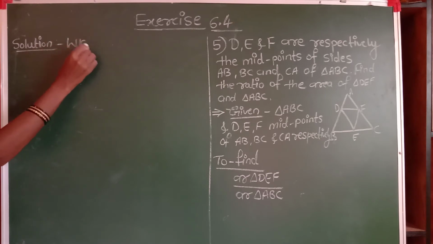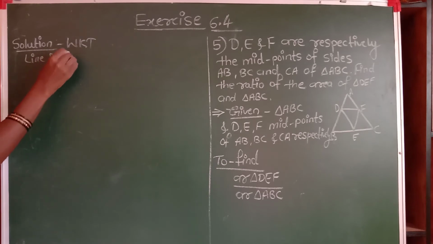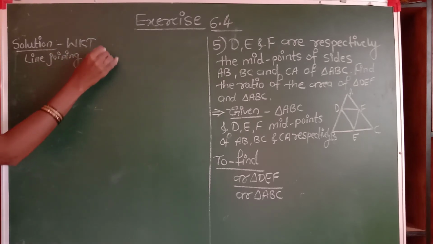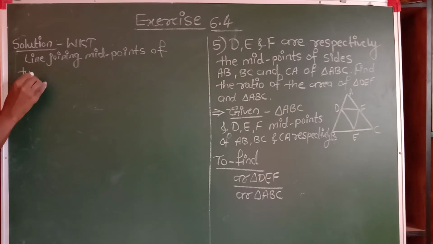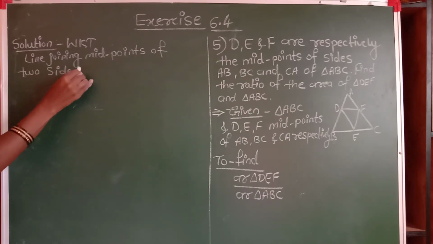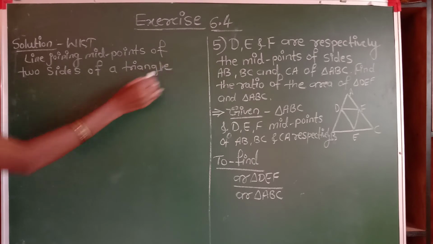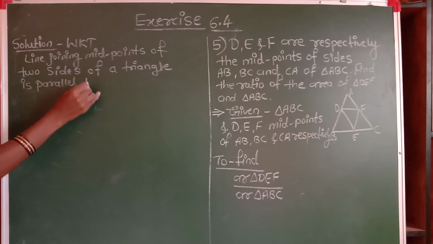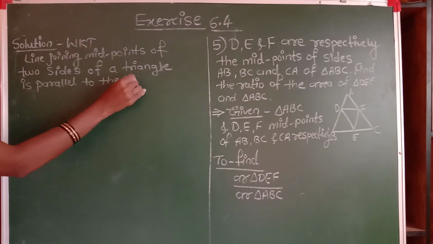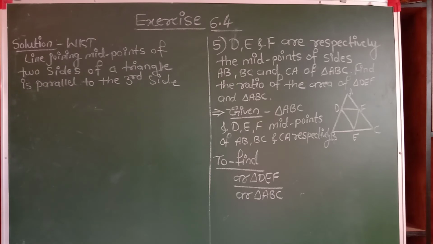We know that the line joining midpoints of two sides of a triangle is parallel to the third side.